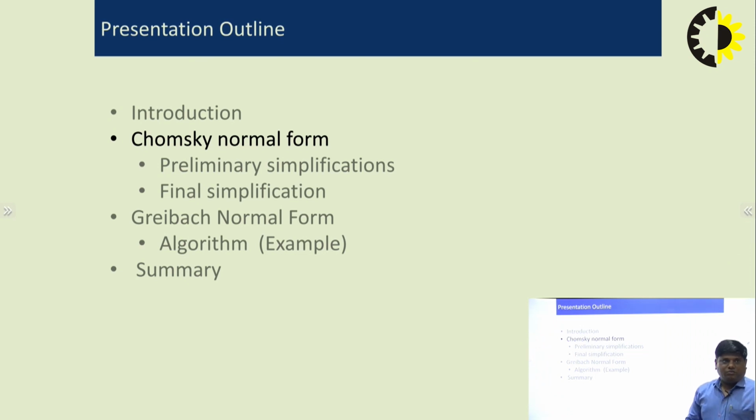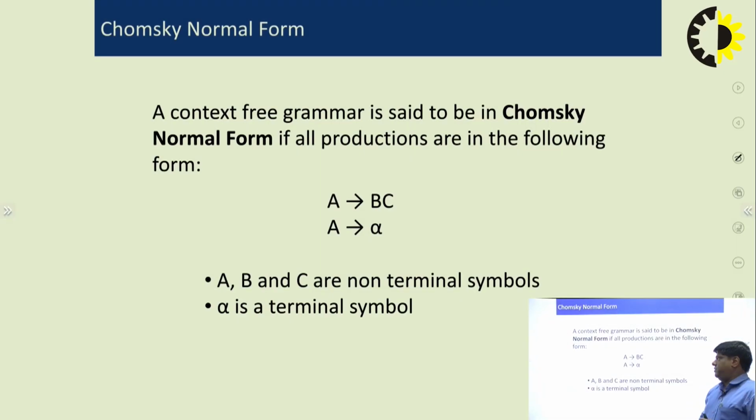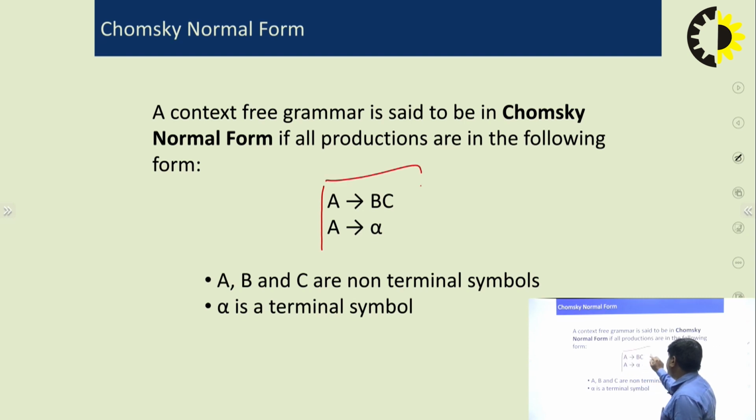Now, we move to the Chomsky normal form. Chomsky normal form is a very important normal form of the context-free grammar, in which the context-free grammar is written in this format. If any context-free grammar is written in this format, then we can say that it is in Chomsky normal form.